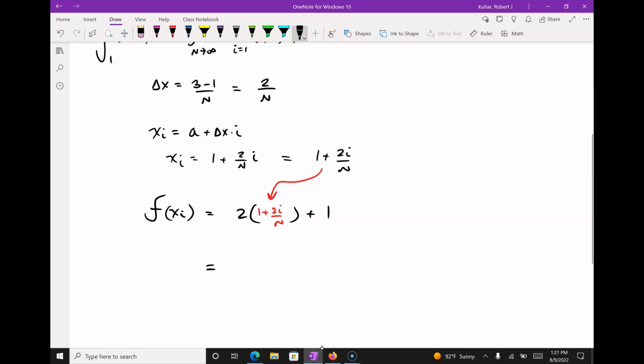I'd like to simplify that. It's pretty easy, right? I get 2 plus 4i over n plus 1. So I get 4i over n plus 3. And that's the height of each rectangle.